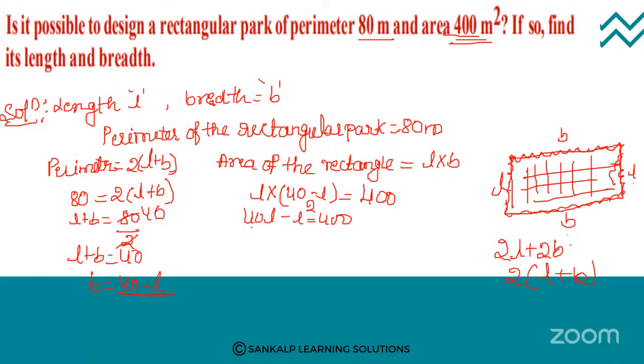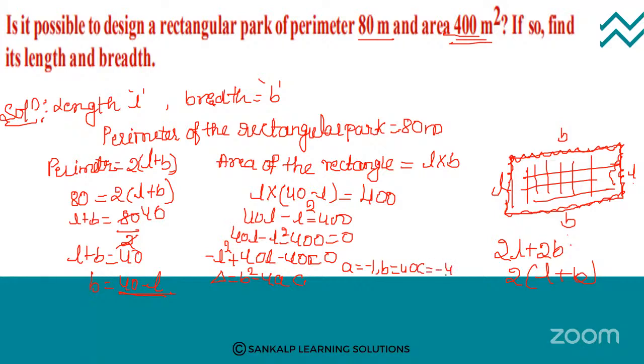Transfer this 400 to this side. So 40L minus L square minus 400 is equal to 0. Now rewrite this equation: minus L square plus 40L minus 400 is equal to 0. Now by using the discriminant, B square minus 4AC. Here A is equal to minus 1, B is equal to 40, C is equal to minus 400.